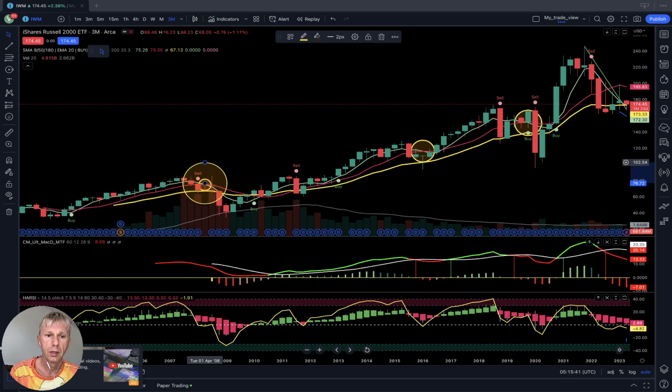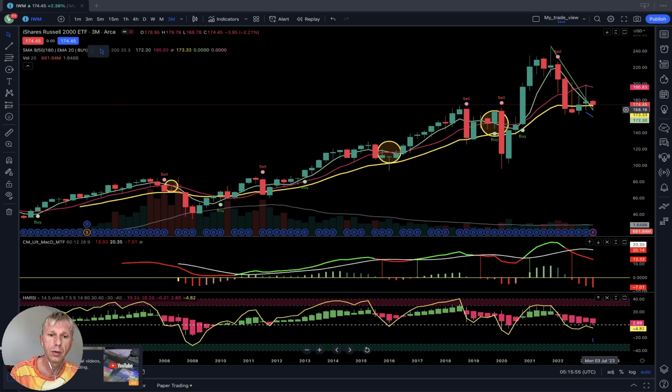Oh, I'm sorry, there is a circle already. You see the circle already, sell signal, that's what was in 2007. The same, but this one did a bearish crossover over 10. I'm talking about a bearish crossover over 20. Over 20 was in 2008, over here. Let me show it, bearish crossover.